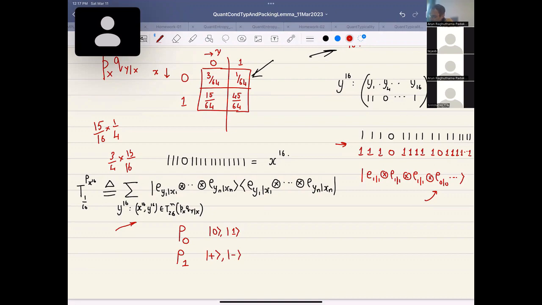If I had taken all possible tensor product rank 1 operators and summed them, then I'm sure that my rho tensor n will live in this space. In other words, the trace of the projector, the overlap between the projector of that space and rho tensor n, will be very high. But I'm not taking everything. I'm only taking some of them because I'm restricting myself to this set. And really the question is, what is the overlap between this and rho x16?